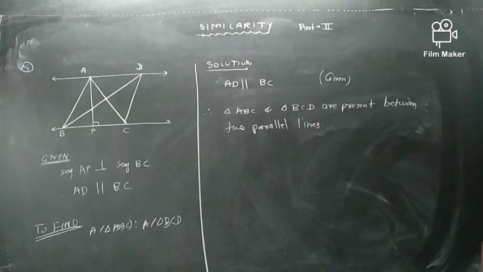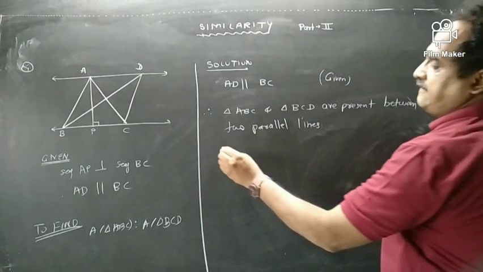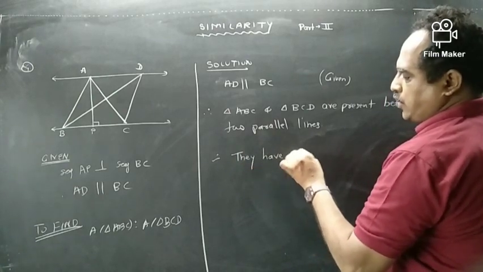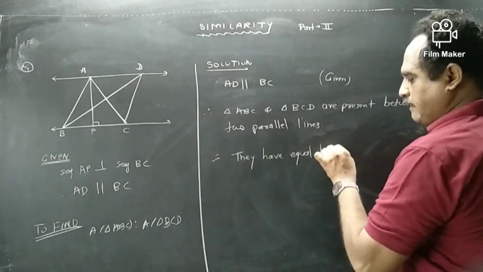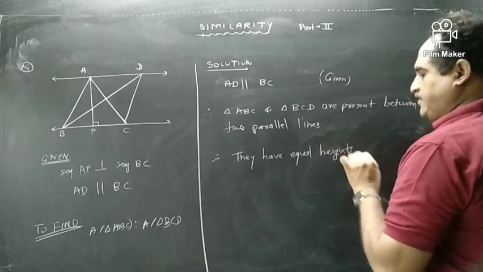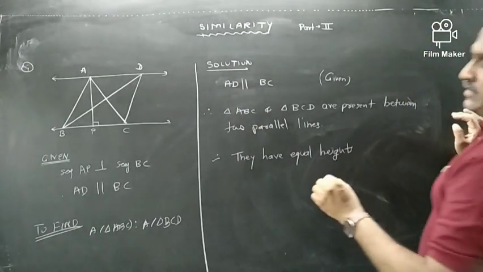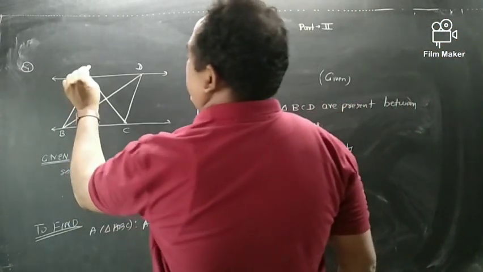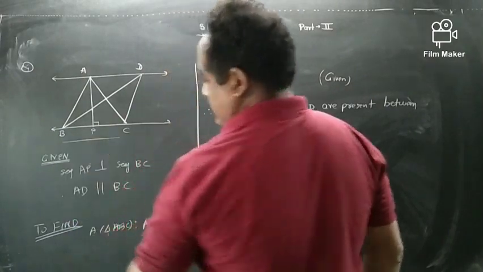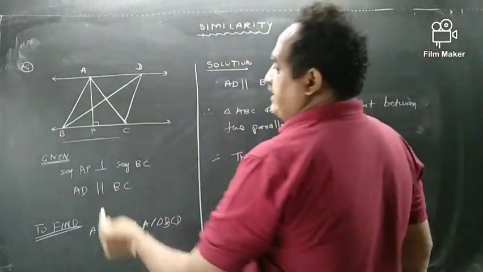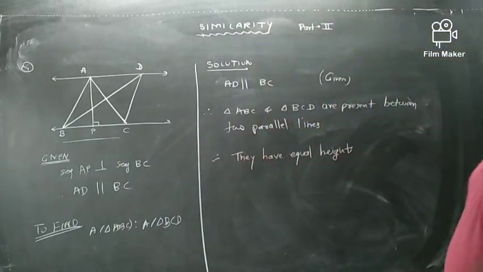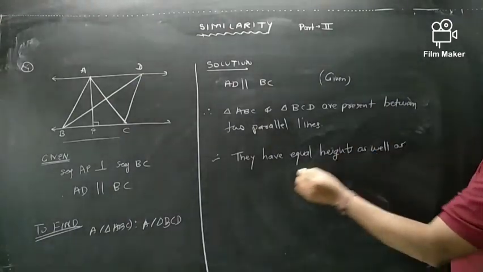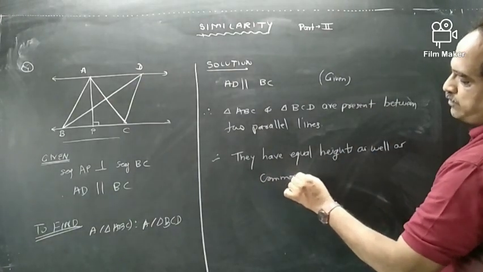When they are present between two parallel lines, we know that they have equal heights. But what is the base of triangle ABC? BC. And the base of DBC is BC. So we know that they have equal heights as well as a common base.